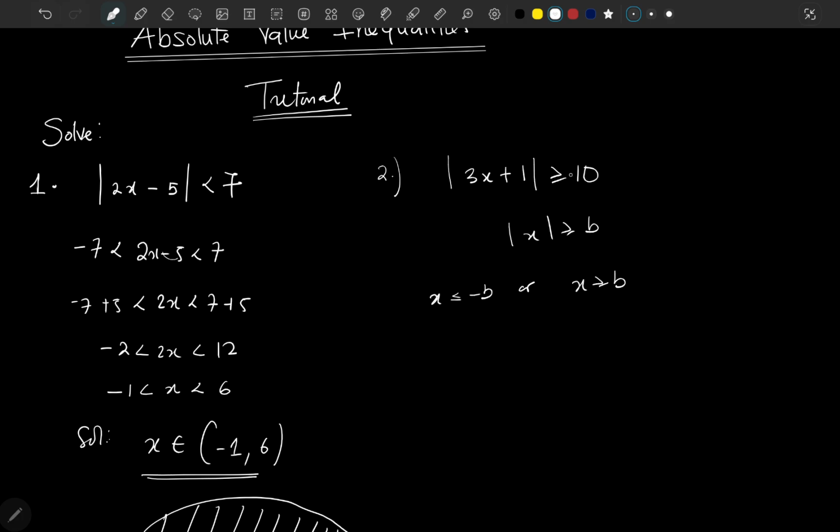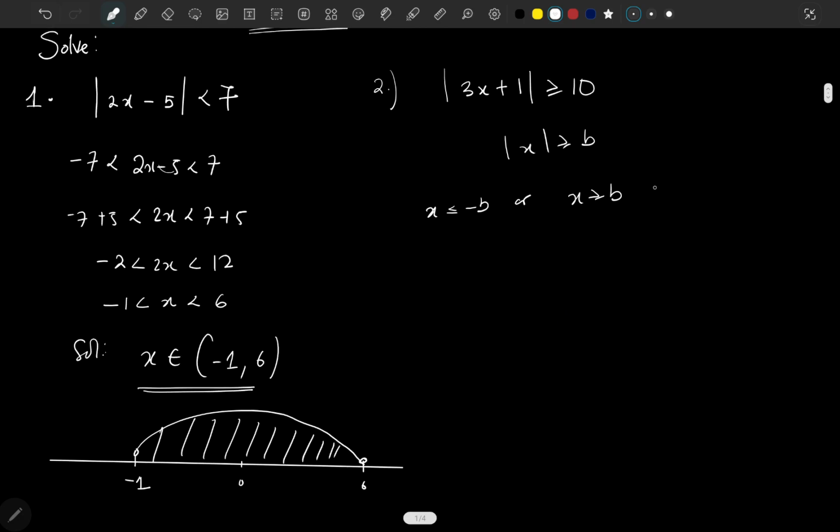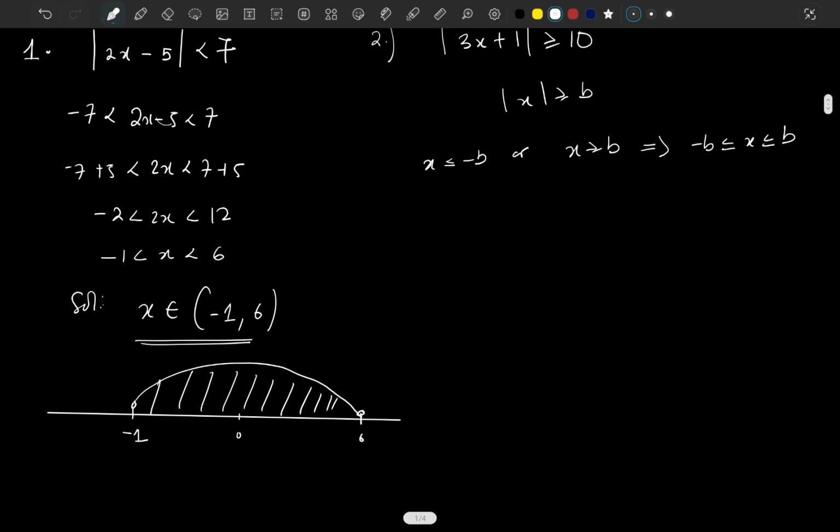For greater than, your solution is a union, but for less than or equal to, it's an intersection type of arrangement. That can be written as negative b less than or equal to x less than or equal to b. But this one will be something different, even when you show it on the number line.